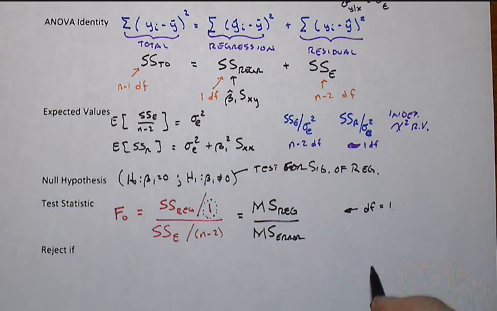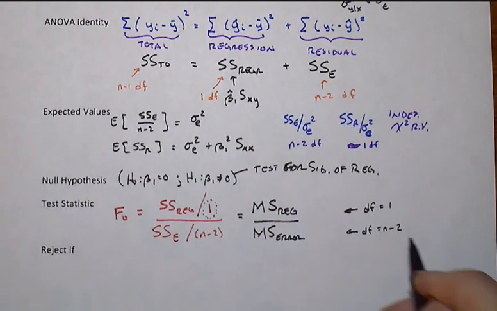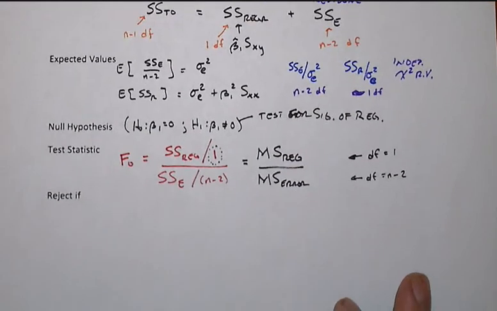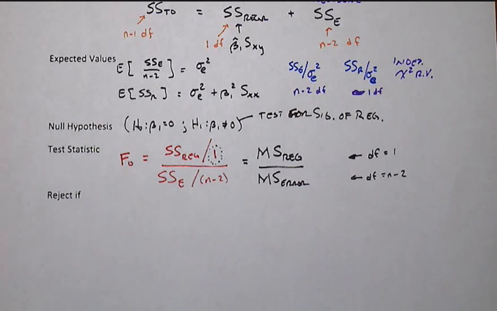And so the numerator has a degree of freedom of 1, the denominator has a degree of freedom of n minus 2. And remember, for the F distribution, that's crucial to have when we go look that up in the tables. And we can't flip-flop those around because we get a different result. It's not a symmetric distribution in that sense. Right?